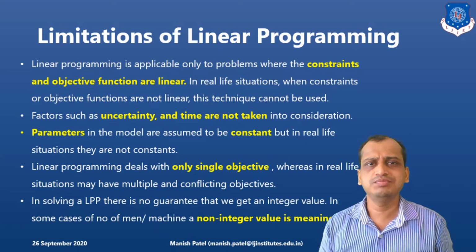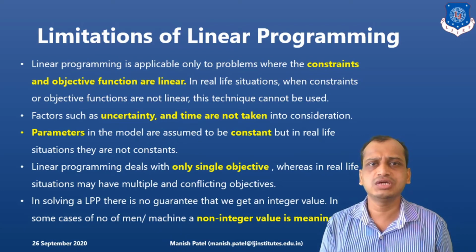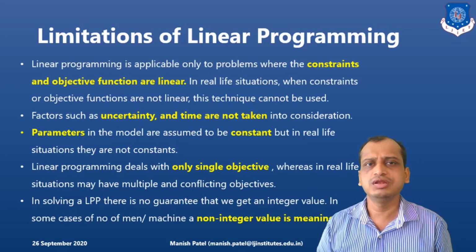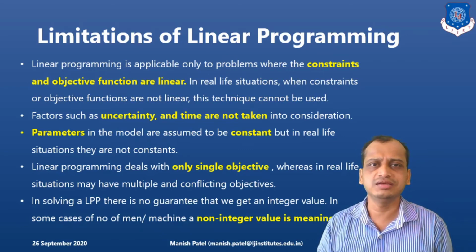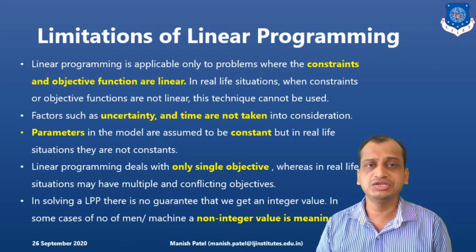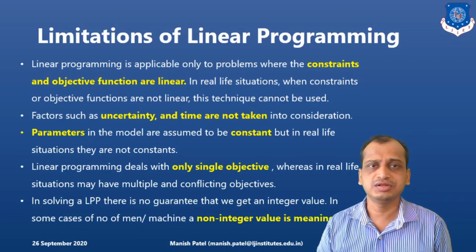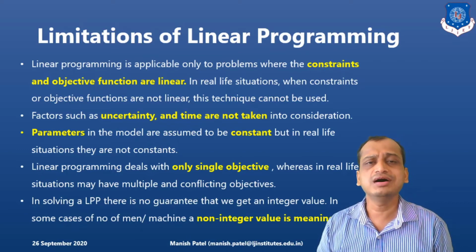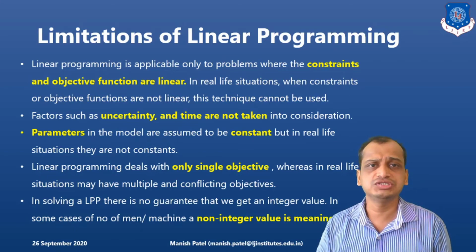Based on these assumptions, those assumptions are also the limitations of linear programming. First of all, the linear, as the name indicates: in practical life, not all functions are linear. They are non-linear. But objective functions as well as constraints, we already assume that they are linear. Secondly, there is uncertainty in times, fluctuations, market dynamics.